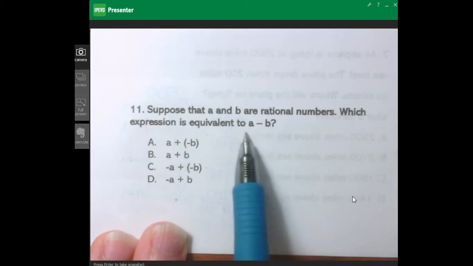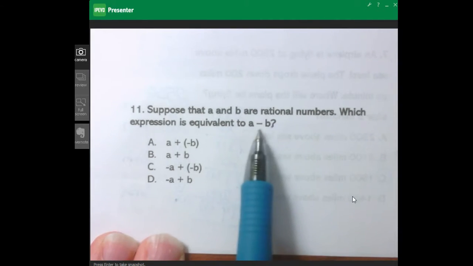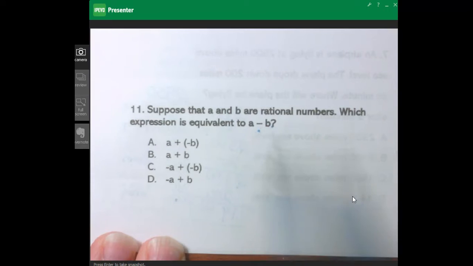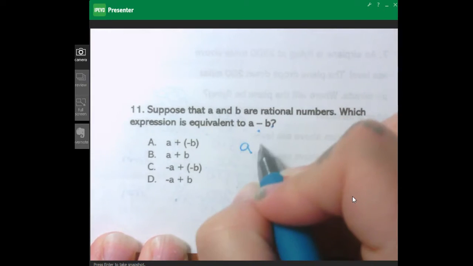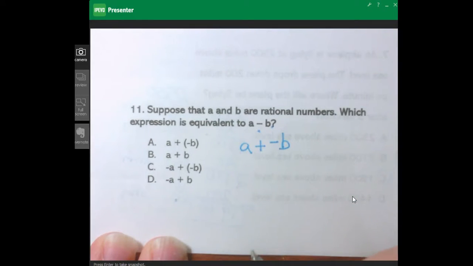We can think of these just as variables. We have the variable A and the variable B. How else can I write this? Well, I have subtraction. I can change this to show that I am adding the opposite. So really we can say A plus -B, which here is A.